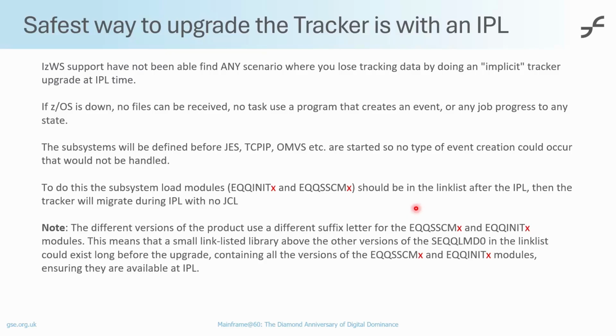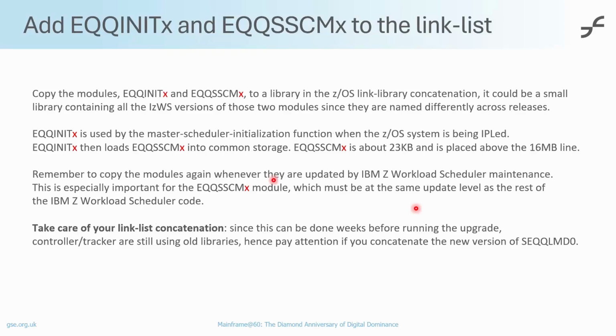So let's say EQQSSCMO for 10.1, and the same with the P for 10.2. So they are different modules. And the only difference is how you define your tracker, but we will see it in a moment.